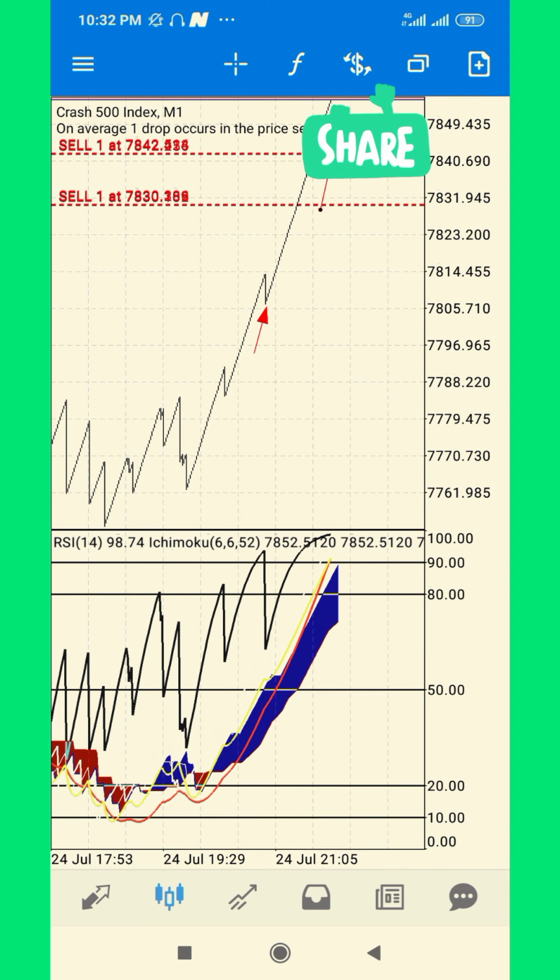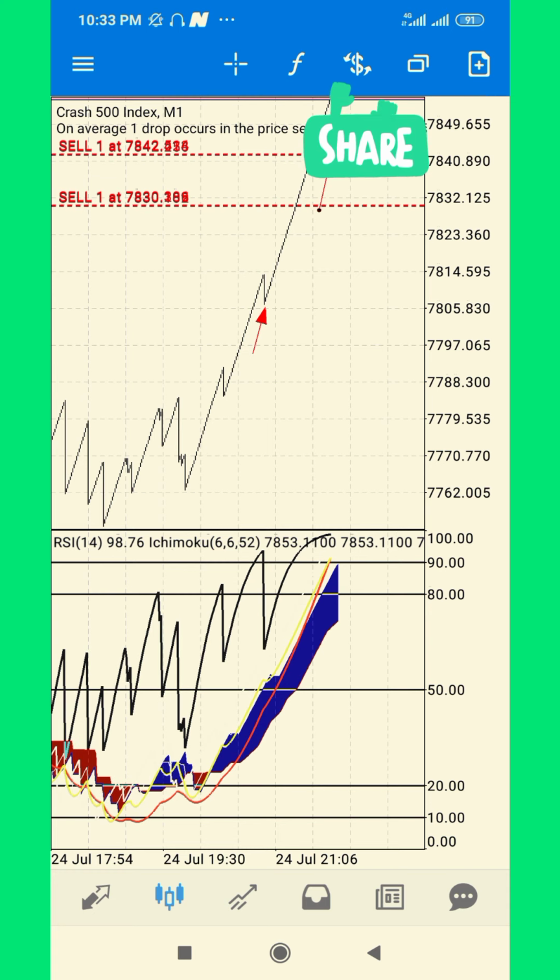When all these indicators in crash 500 and crash 1000 move to our 80 to 90 levels, when this blue Ichimoku goes up to our 80 to 90 level, and our two moving averages, moving average 50 and moving average 10, enter between 80 and 90, then our RSI touches between 80 and 90, then you place your market.